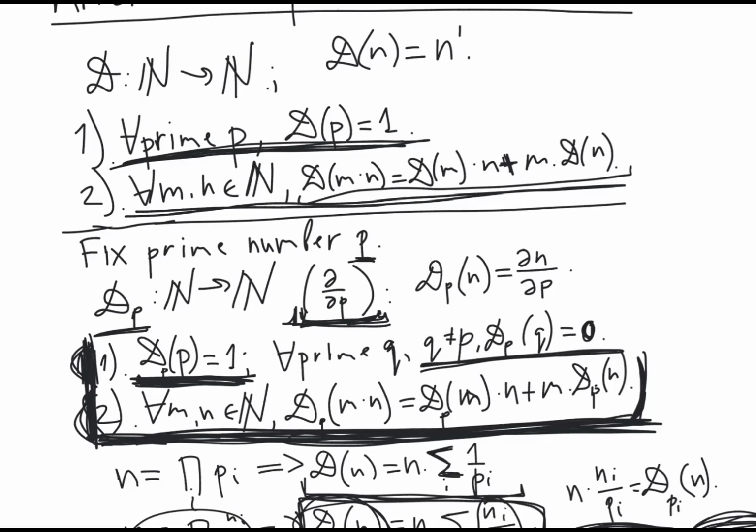It would be interesting to prove the statement that any such function that satisfies the product rule can be expressed as a linear combination of the partial derivatives. I'm not going to prove it here, I'm just saying it would be an interesting statement. But the partial derivatives do look like a basis, because they are defined as 1 for one prime number and 0 on all other prime numbers.